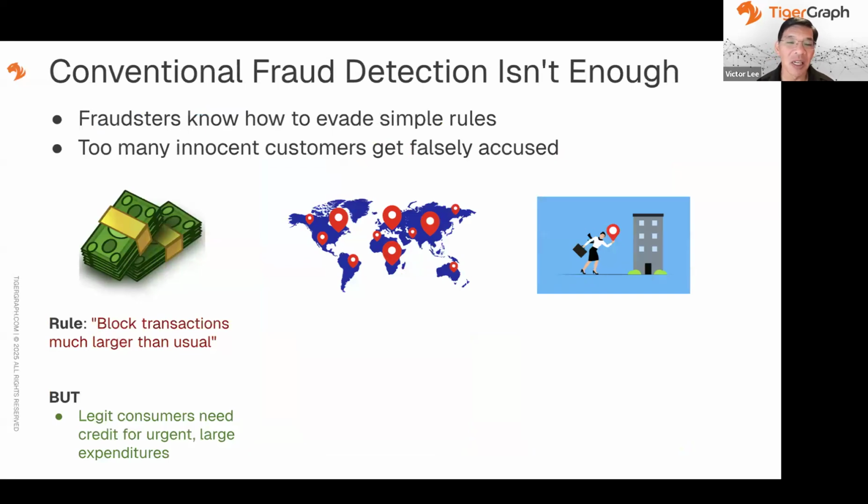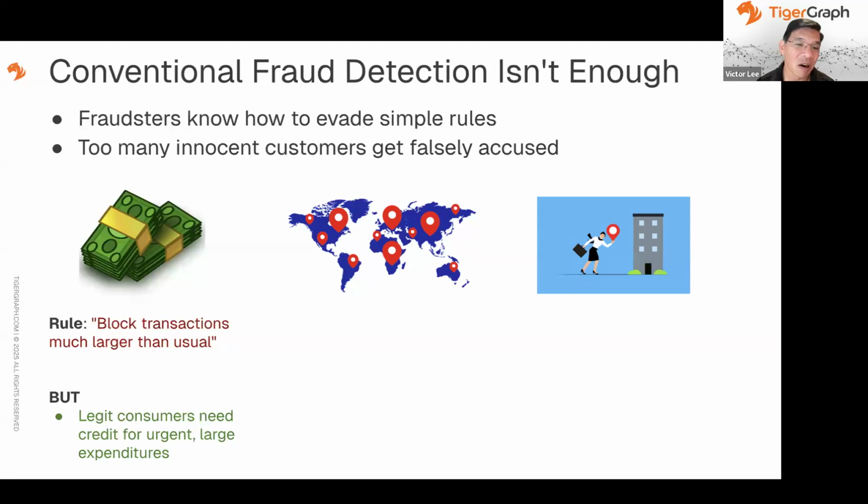Conventional fraud detection is doing the best it can, but it's not doing enough. That's because fraudsters know basically what the financial institutions are trying to do, and so they work around that. It used to be a very manual process. Now there's more AI involved, more automation on the fraudster part, and so the technology on the detection side has to keep up.